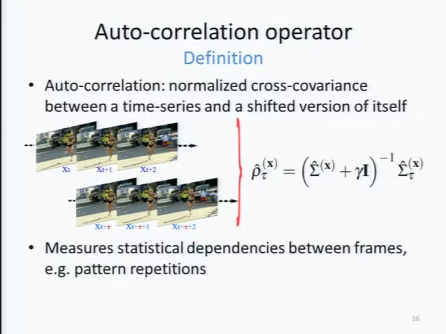Okay, and so what does this thing measure? I say operator, it's basically a matrix, but it can potentially have an infinite number of dimensions. It depends on your basic kernel, okay? So it's an operator. And this operator, or matrix if you like, measures the statistical dependencies between frames.